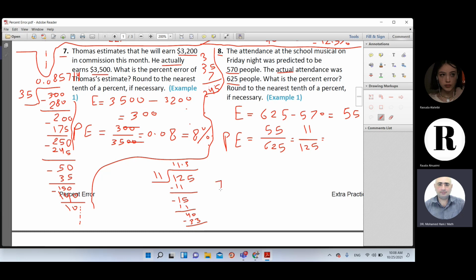I will continue here. With 0, 70 divided by 11 will be 6. 6 times 11 will be 66. Also, we have here 4. So this is a repeating operation. So we can take this number as estimation 11.36.